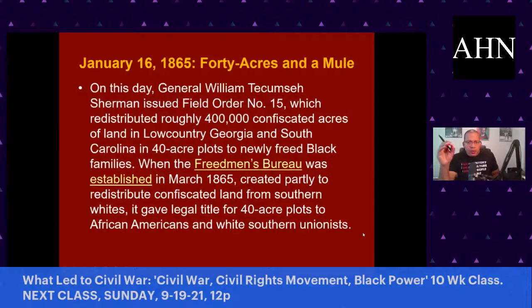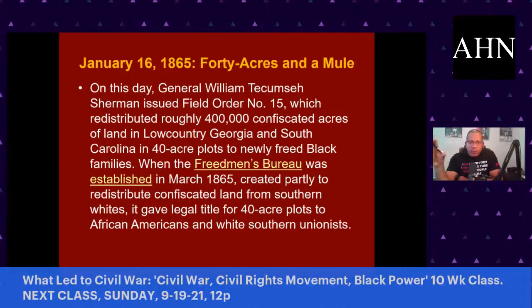General William Tecumseh Sherman issued Special Field Order number 15, which redistributed roughly 40,000 confiscated acres of land in Low Country, Georgia, and South Carolina, in 40-acre plots to newly freed Black families.